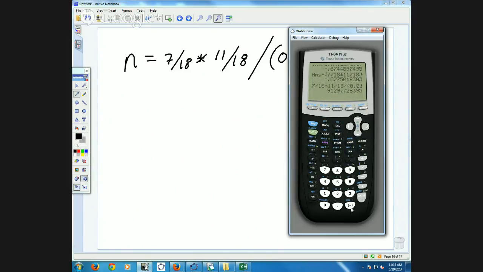Enter. I get that I should have a sample size of 9,130 if I want my margin of error to be 1%.